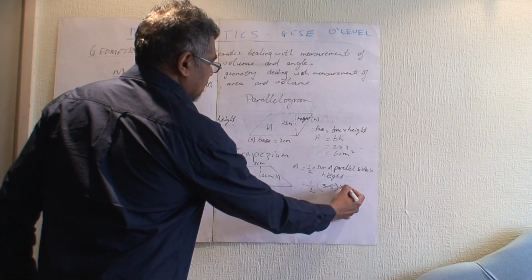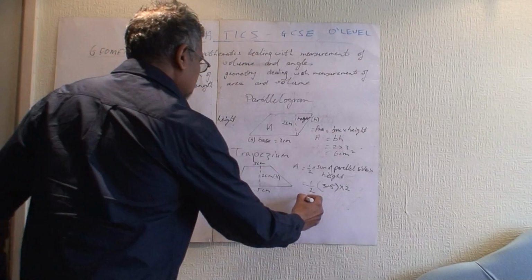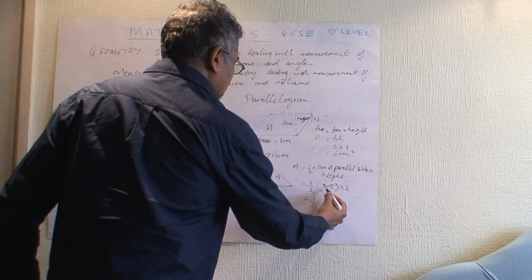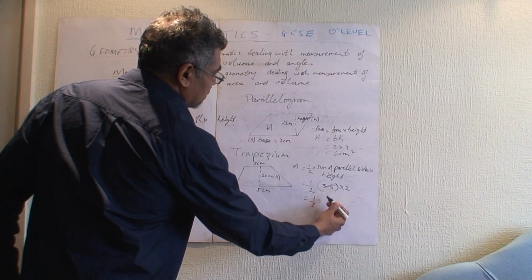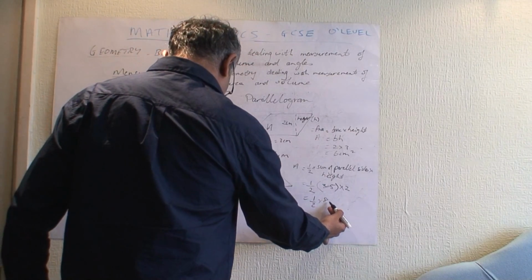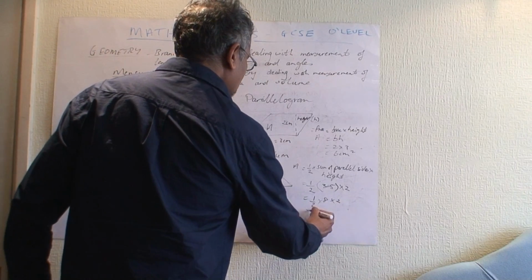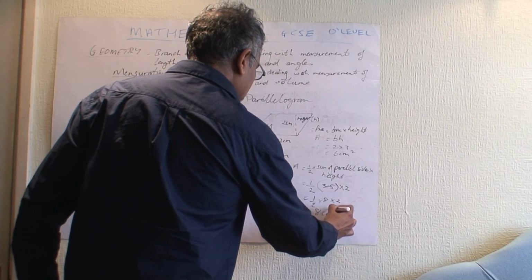So that equals a half of 8. Work out the bracket, which is 3 plus 5 is 8. Half of 8 is 4. 4 multiplied by 2 is equal to 8 centimeters squared.